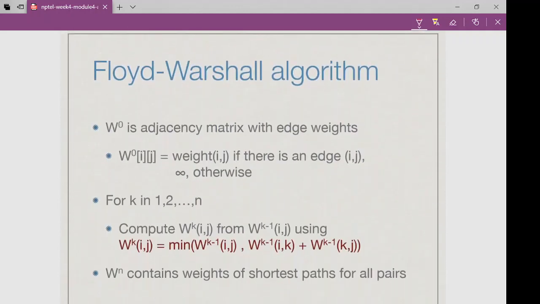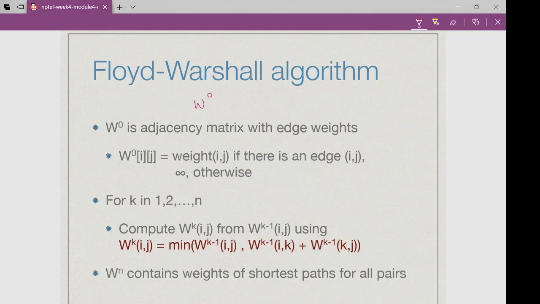This actually immediately follows the Floyd-Warshall algorithm. What the Floyd-Warshall algorithm says is that all these W's are actually adjacency matrices with edge weights. So what does W0 represent? W0 represents the weight of the path ij if there is an edge ij, right?